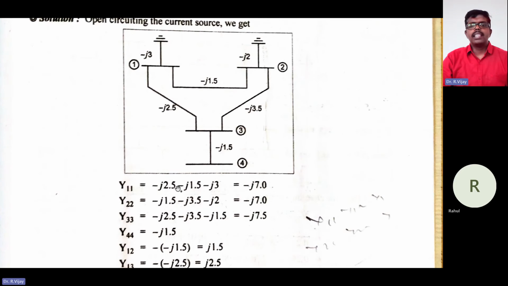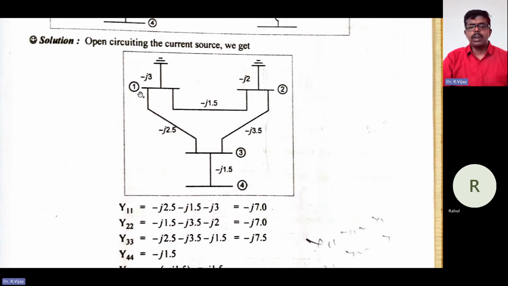But in this problem, they solve like this: Y11, whatever values are connected to Y11, that is 1, 2, and self, you add them and directly tell the answer. Y22 likewise: 1, 2, and self. Y33 also has self, then the values connected to that node, and simplifying you get the value.